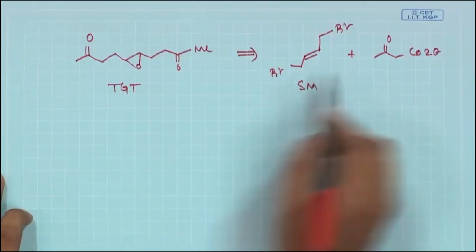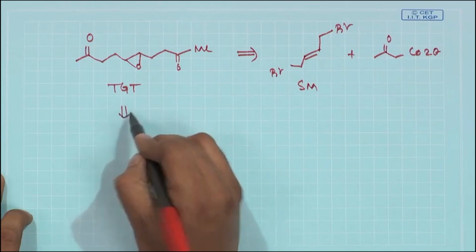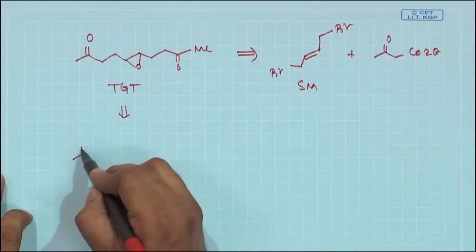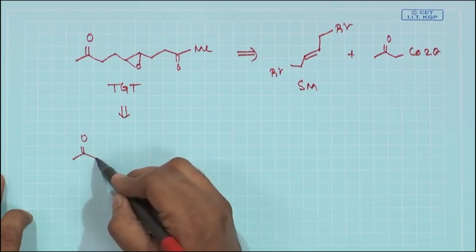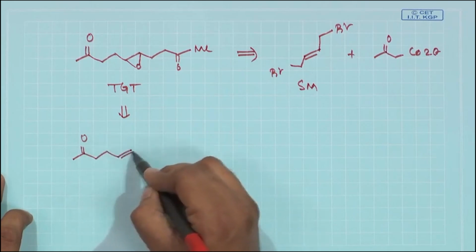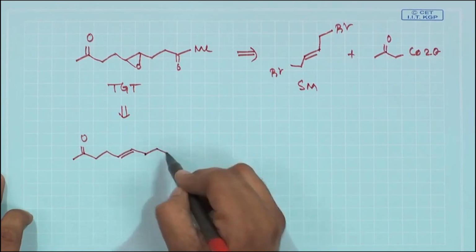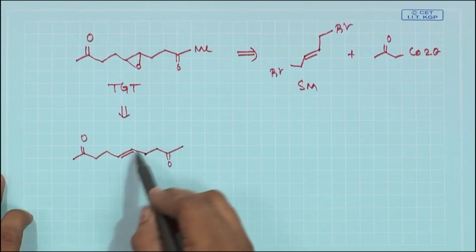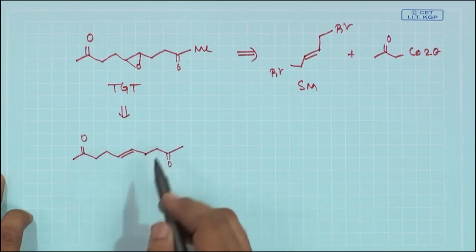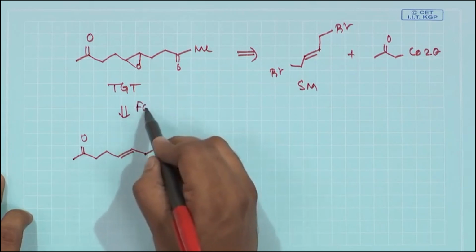If you see this target, you can visualize that it might be achieved from something like this compound. If you have this olefin and ketone, you can do an FGI through mCPBA.